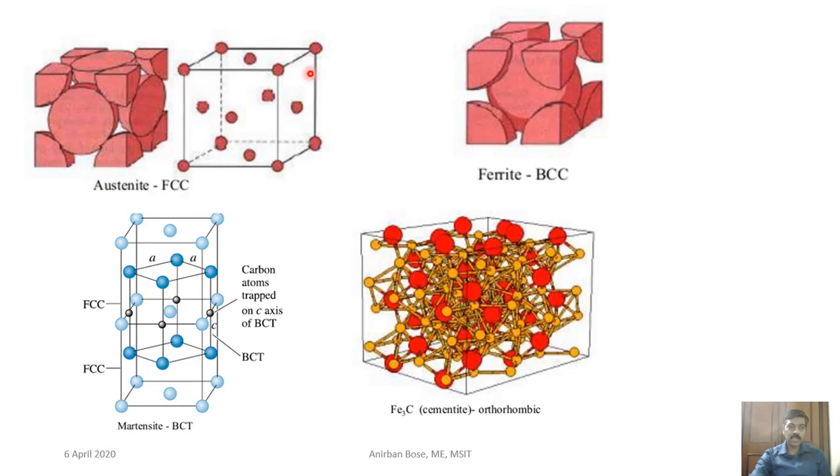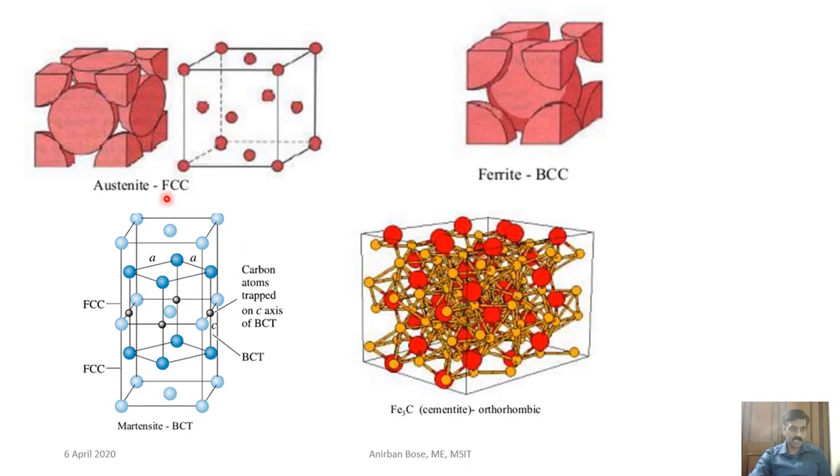I've told you earlier that this is the FCC structure. Here you can see this is the ferrite phase, and this one is the iron carbide phase or the cementite phase, which is the intermetallic compound, and it is orthorhombic in crystal structure. So these three, austenite, ferrite and cementite, you have seen in the iron carbide equilibrium phase diagram.